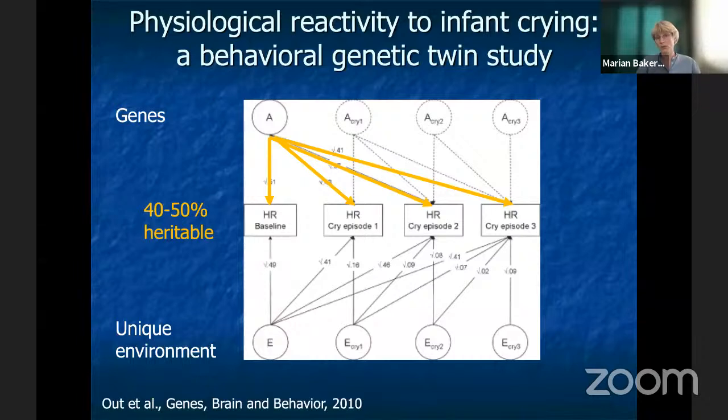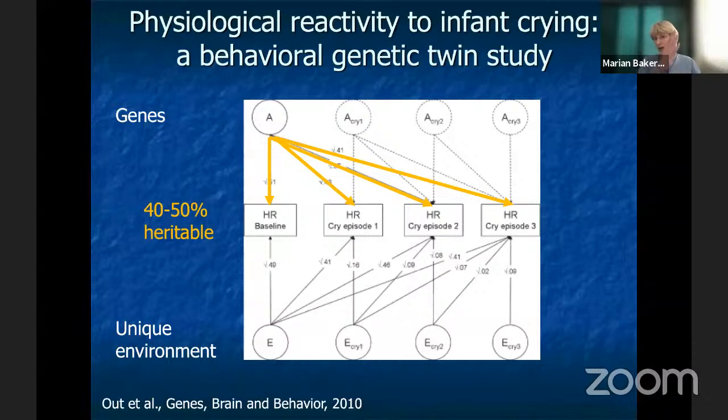Now, monozygotic twins or identical twins are in their structural DNA similar. They have the same set of genes, whereas dizygotic twins or fraternal twins are on average half. They share half of their genes on average.